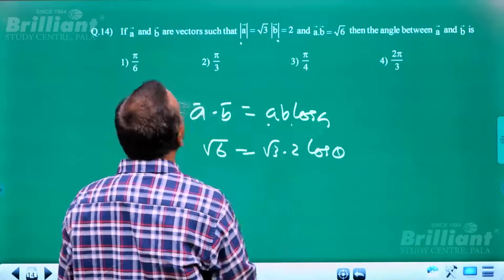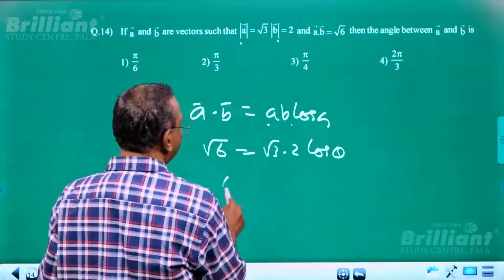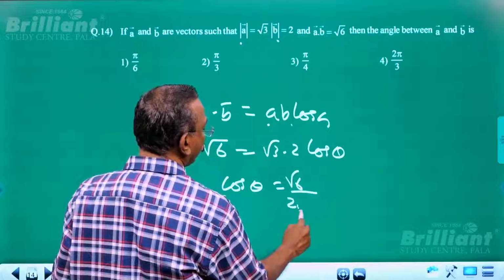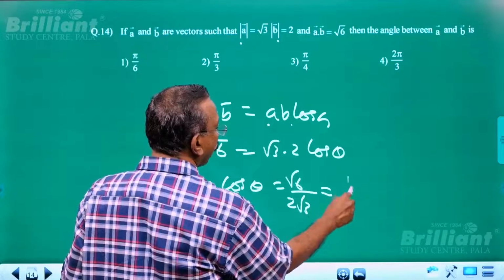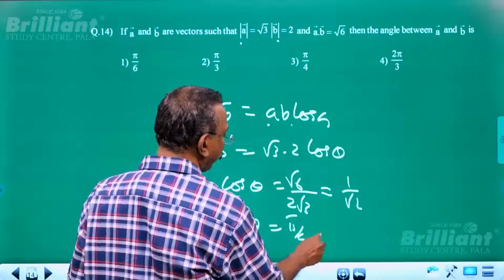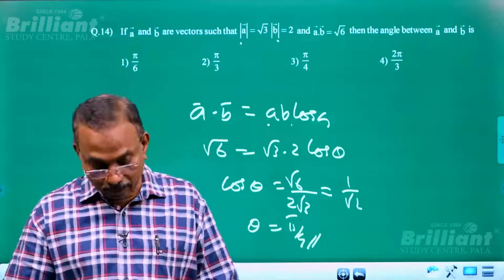You want to find the angle between them, theta. So cos theta is equal to root 6 divided by 2 root 3, which simplifies to 1 by root 2. So angle theta is pi by 4, option 3.